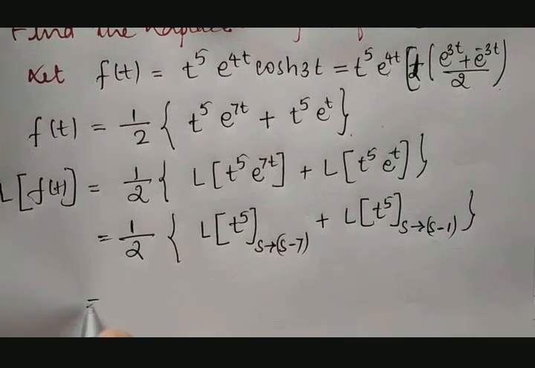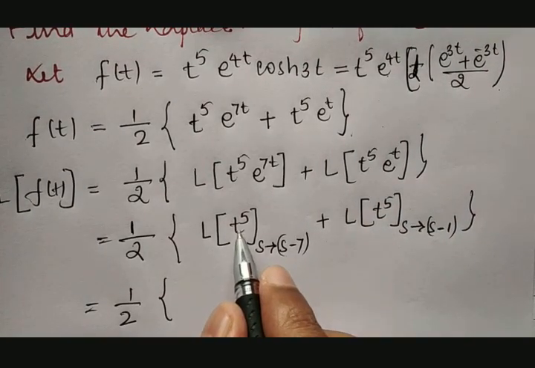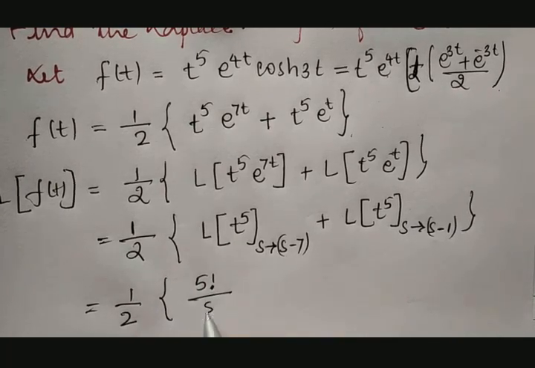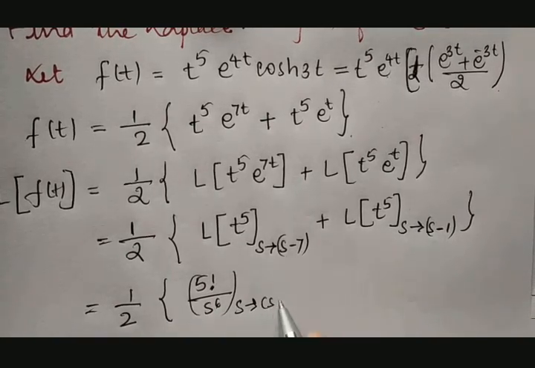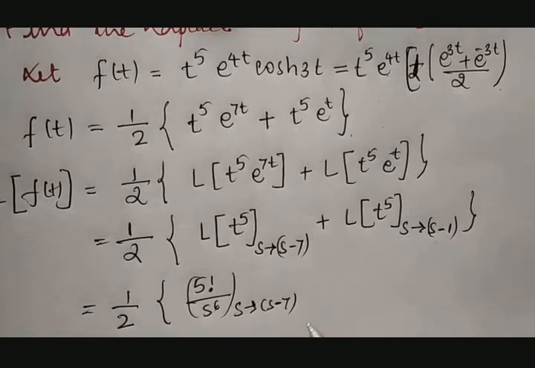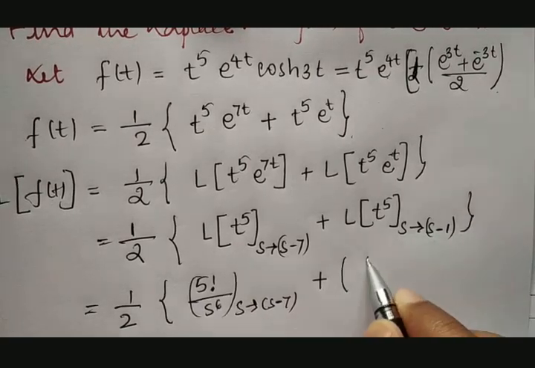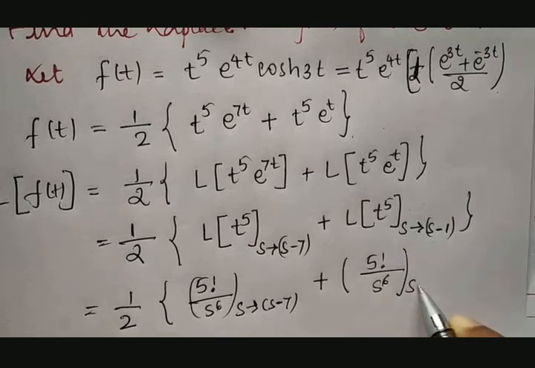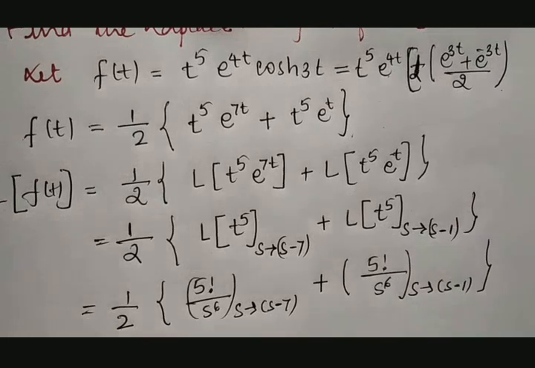Therefore, it is equal to 1 by 2 into, we know that the Laplace transformation of t raised to 5 is 5 factorial divided by s raised to 6, where s is going to be replaced by s minus 7 due to the shifting property. Plus here again it is 5 factorial divided by s raised to 6, where s is replaced by s minus 1 as a token of the shifting property.